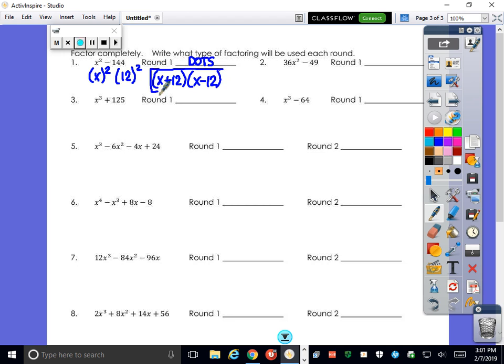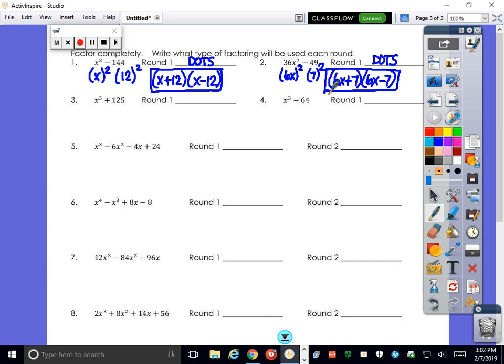In number 2, there was no greatest common factor, so again we use difference of squares because both of those are perfect squares. We squared 6x to get 36. We squared 7 to get 49. So 6x plus 7 and 6x minus 7 would be our two factors.